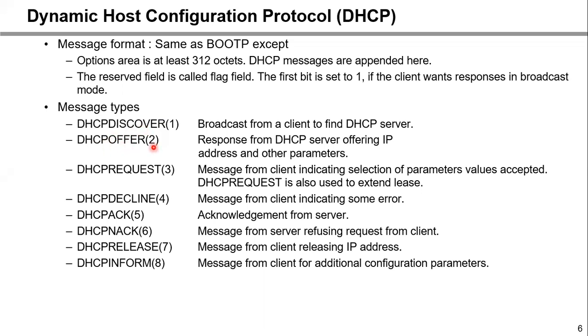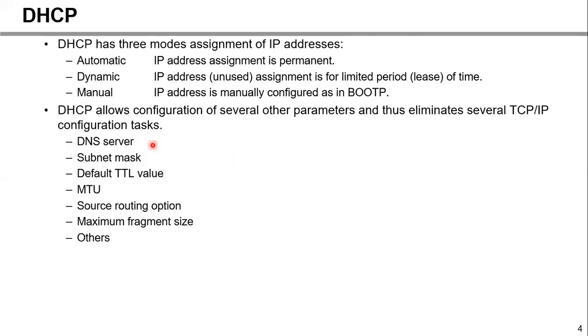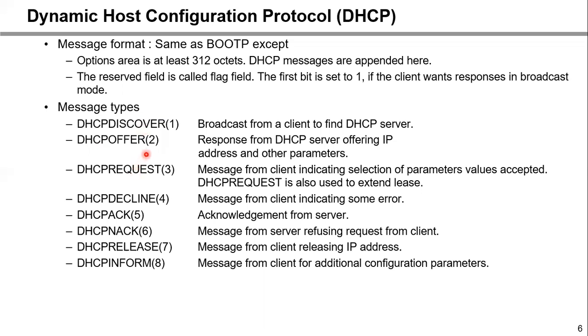DHCP offer is a response from the DHCP server. So the teacher will give the offer to all the students, saying I'm your teacher, I'll teach you, with some parameters, and those parameters are these parameters. If you accept those parameters, then you give a DHCP positive acknowledgement.